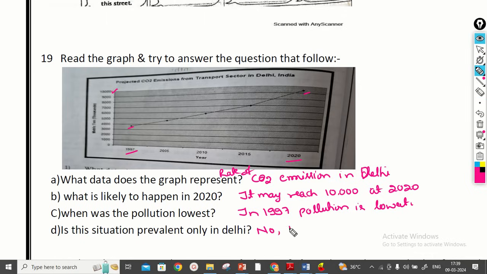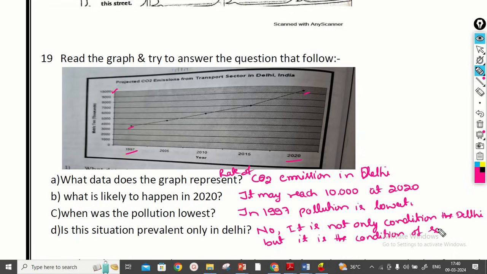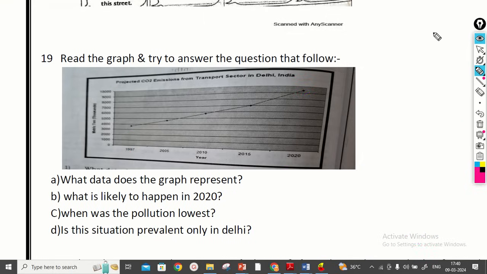So we write no. It is not only the condition of Delhi, but it is the condition of some more cities, like Kolkata, Mumbai, etc. So there are some cities facing the same condition here. So then we move on to the next question.